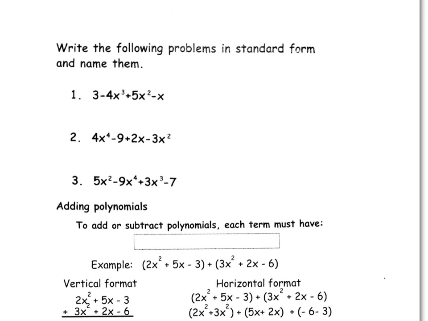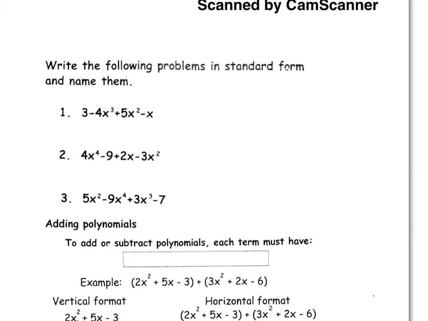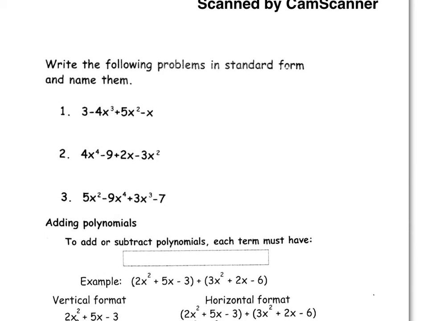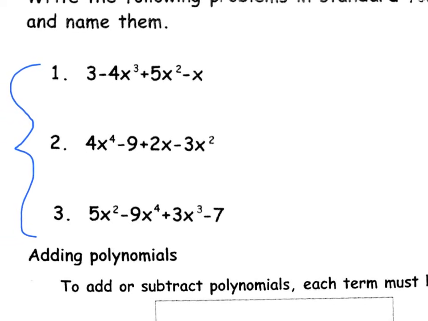First things first, we're going to practice getting these problems into standard form. I'll do the first one, and I'm going to let you do the rest. So in number 1, we need this in standard form. We have to go highest exponent first.